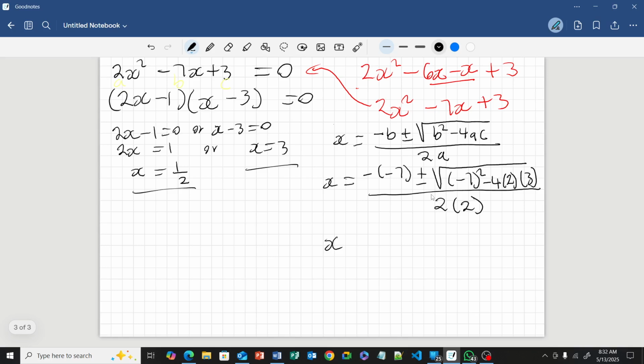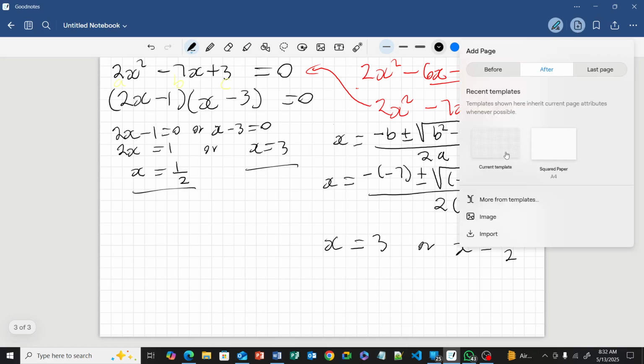So I got the value of 3 here when I use a positive, and then when I use a negative, I will get the value of a half. So can you see the relationship, guys? Okay. Let me do the other one.